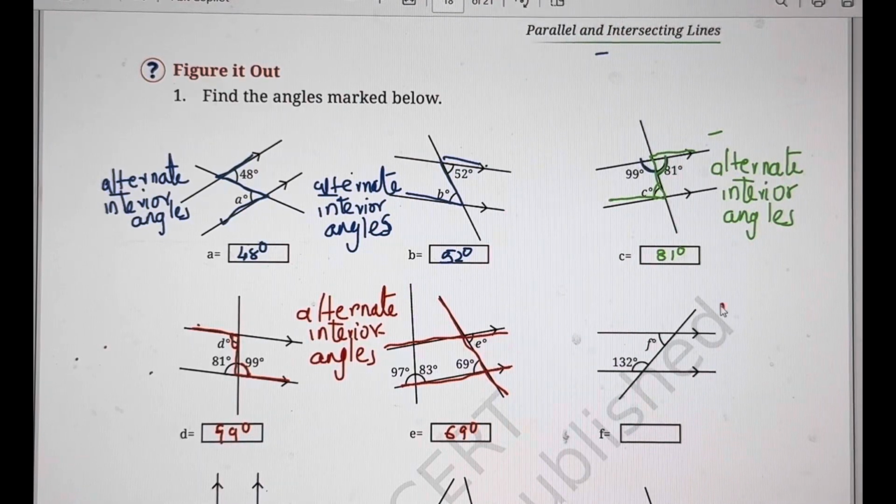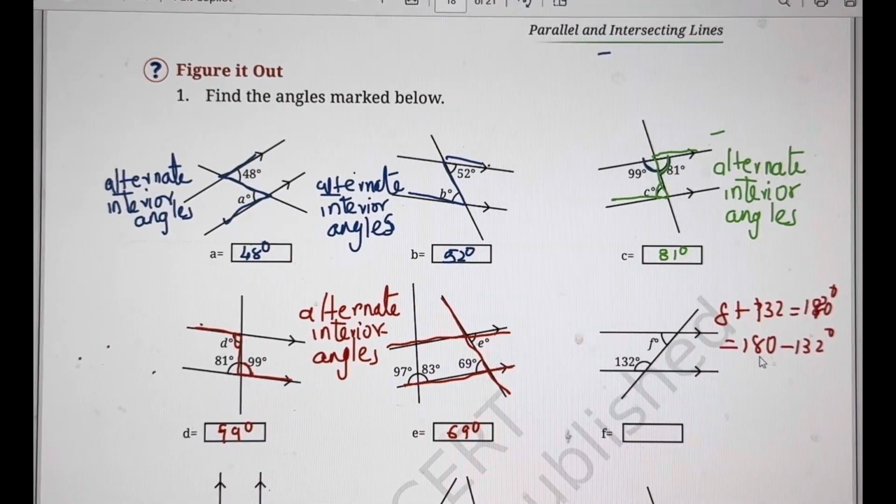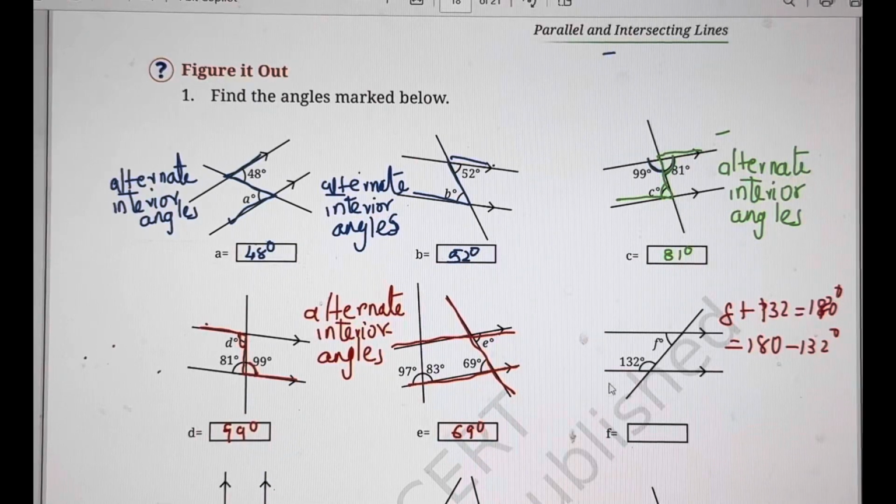Right, so F plus 132 is equal to 180 degree. So how will we get F? By subtracting 180 minus 132. So that will be equal to 48 degree. You can write down the reason again. Interior angles on the same side of transversal.